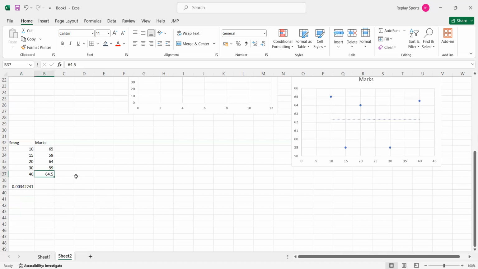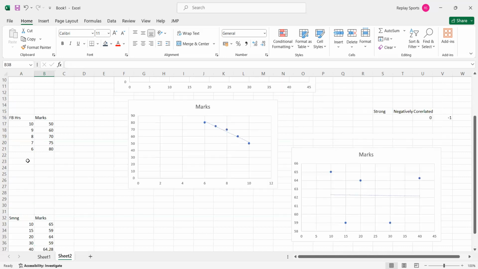If I make it 64.2, it becomes slightly negative here, right? So yeah, you can see it. But if you calculate here with CORREL, you take array 1 and you take array 2.